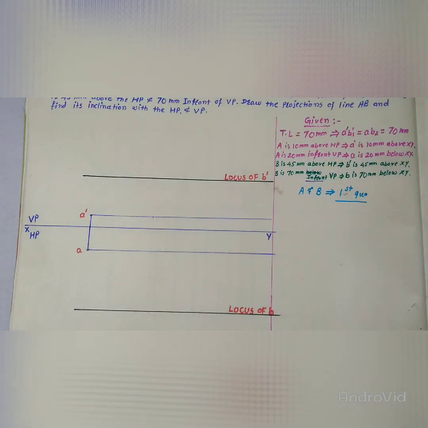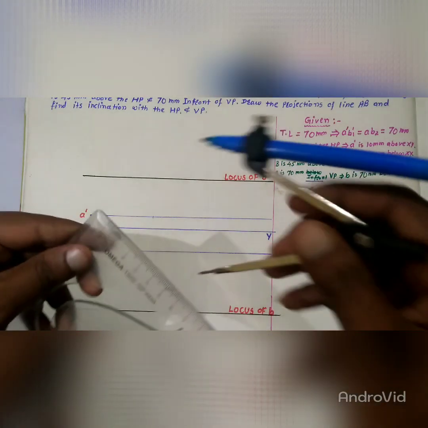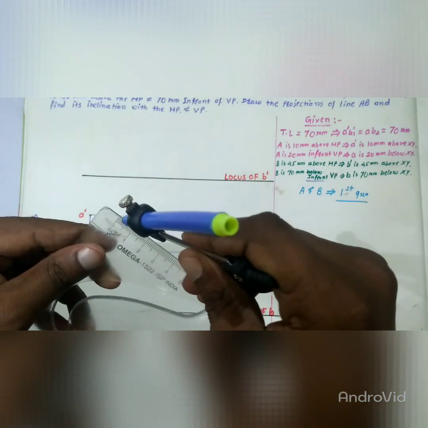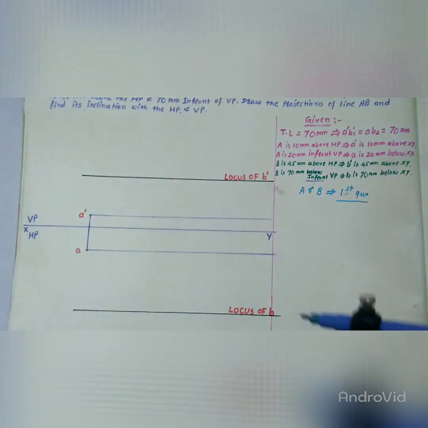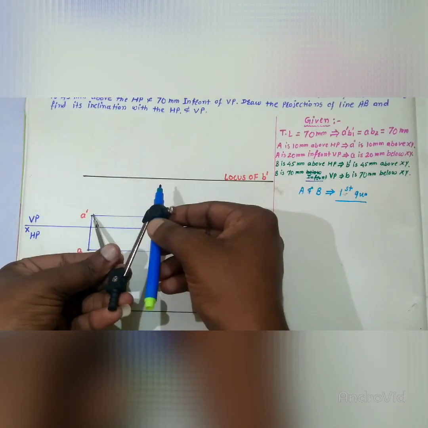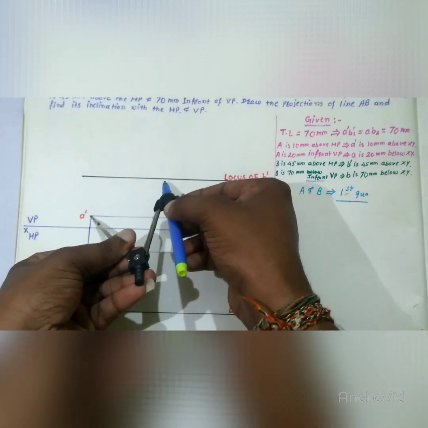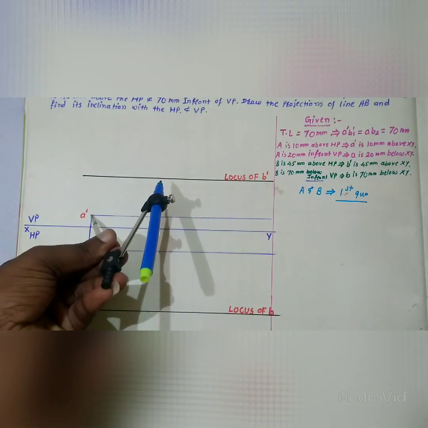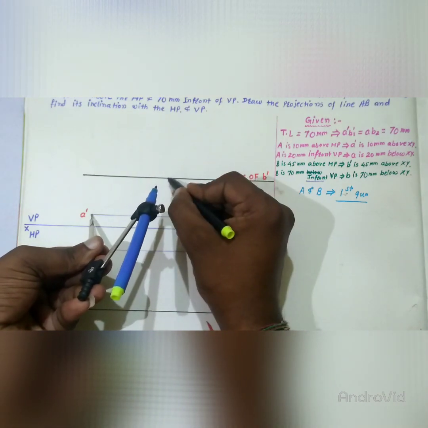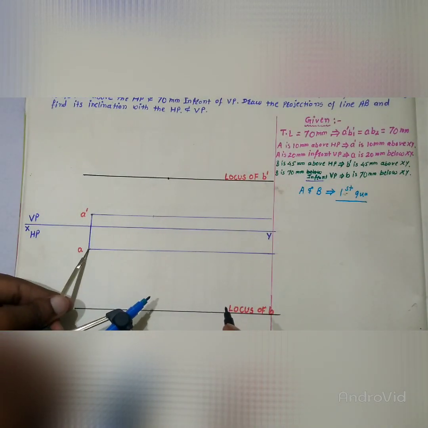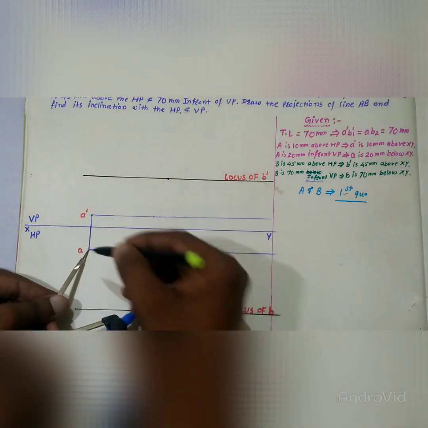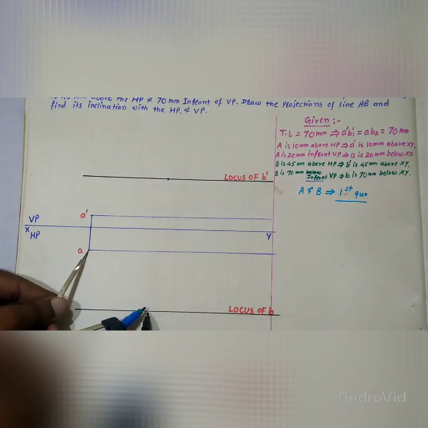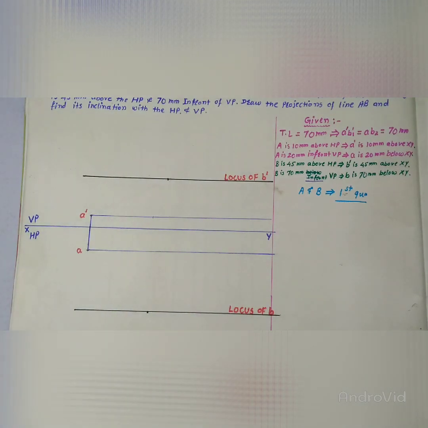Now the remaining given data is 70 mm. This is nothing but your true length. So we have to take the 70 mm true length distance in the compass, and from point A dash mark one point at this position. Similarly, we take the 70 mm distance from A, and cut the locus of B at this point.